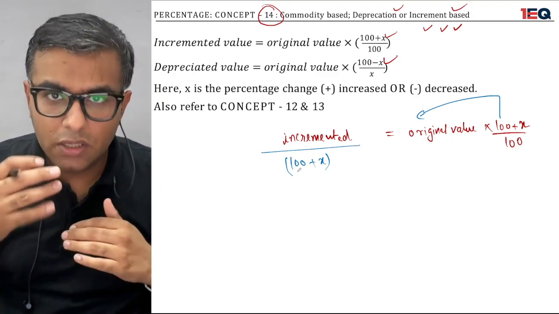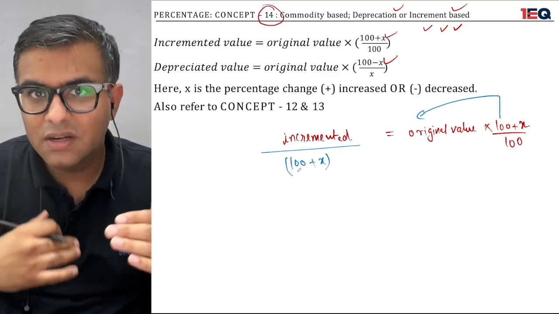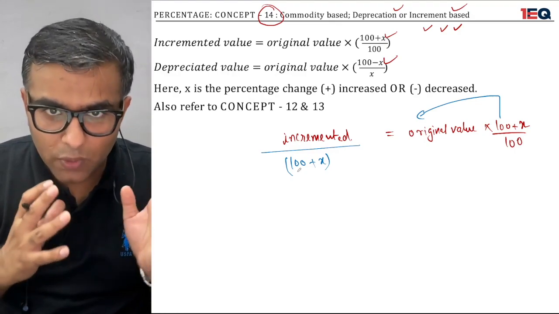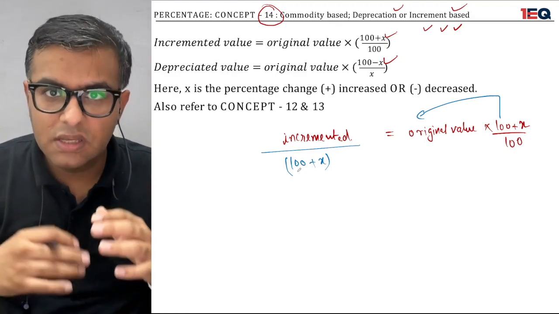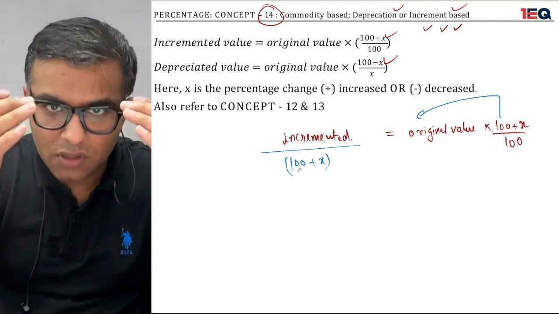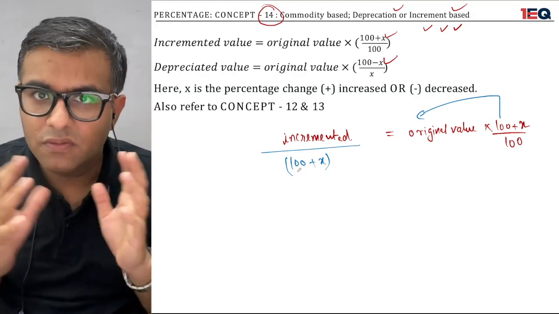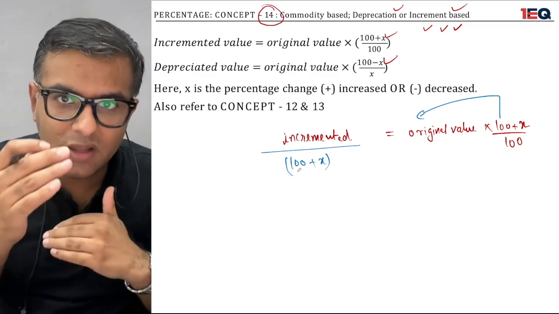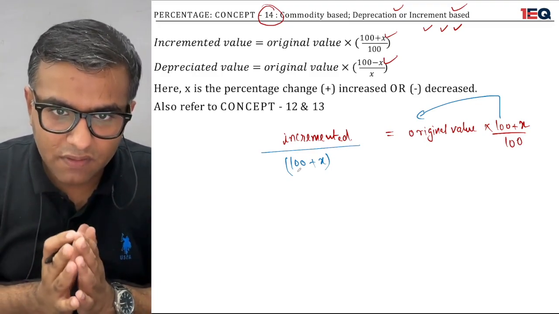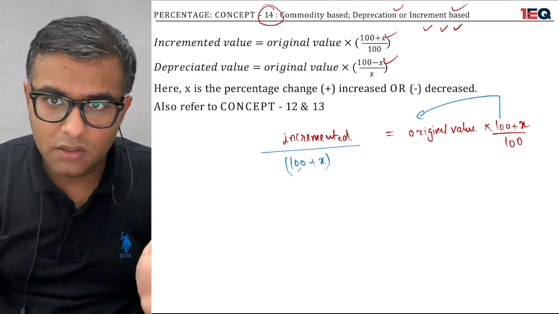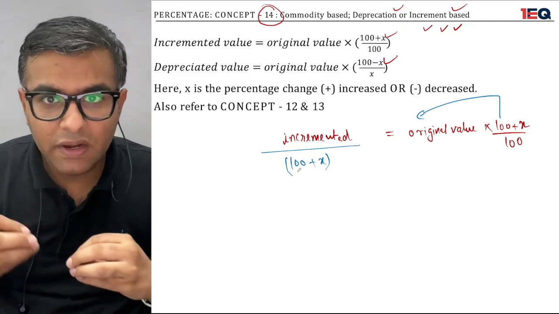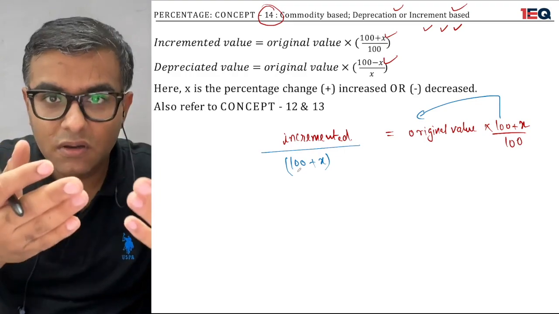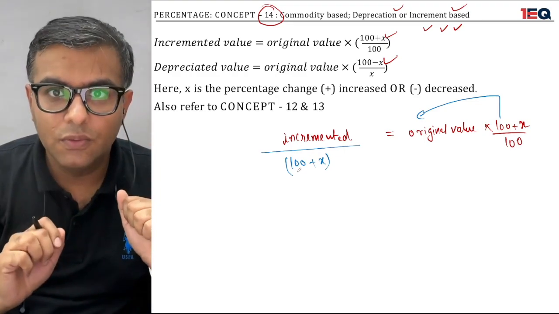I have taught you in one of the previous classes that whenever the denominator is big in size, it would reduce the final output of the fraction. So if something is already incremented and I give it an inflated denominator, it would automatically bring down the incremented value back to its original value.